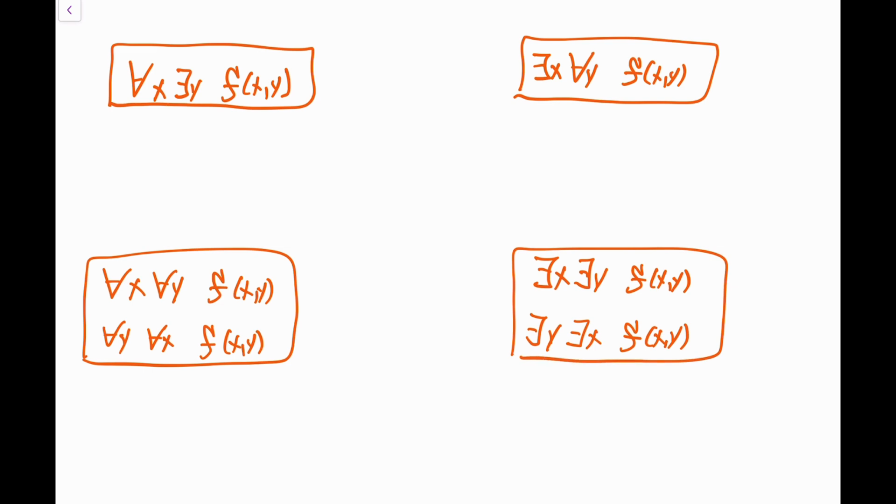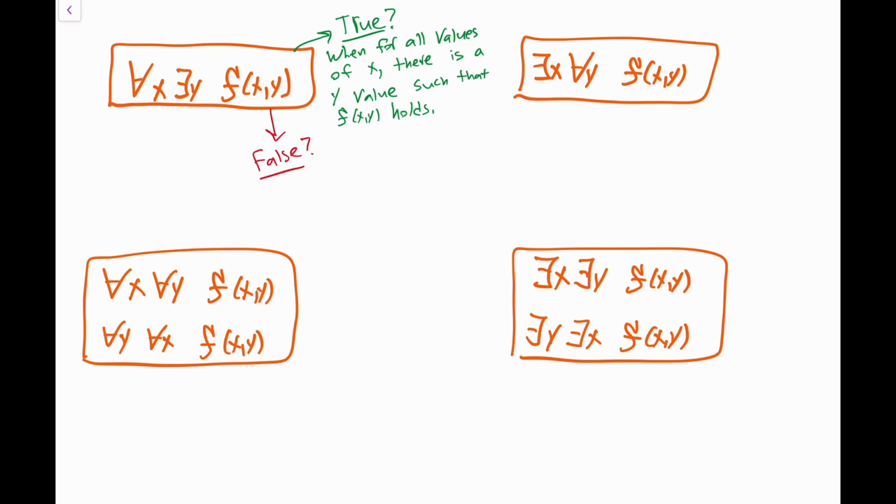What would make those statements true? What would make them false? So when is this true? When is this false? So it's true, as we said, when for all values of x, there is a y value such that the function holds. But when would it be false? Which is also a very good question to ask.